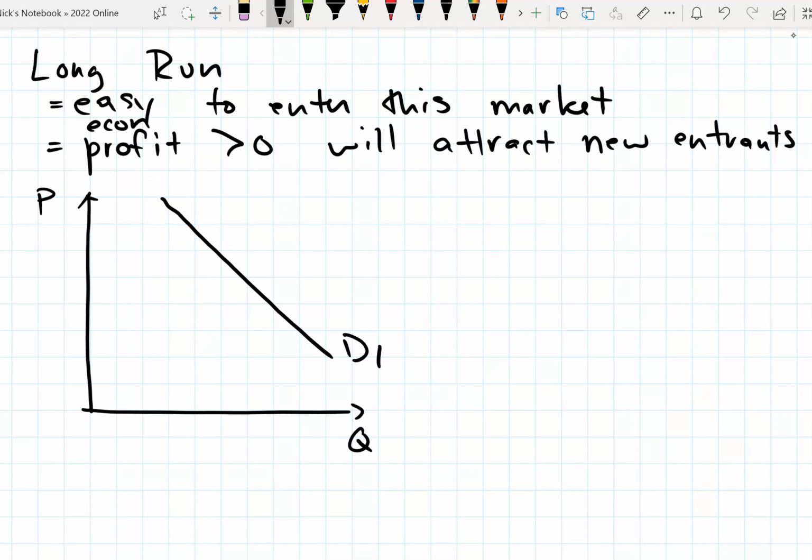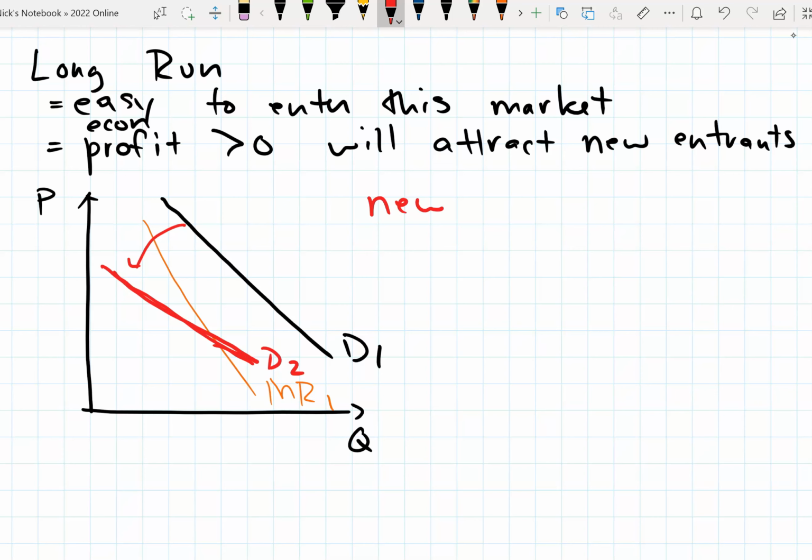So this is the demand curve number one and the marginal revenue curve that goes along with it. I may have drawn it a little off. And so what's going to tend to happen is that they're going to shift, okay? And it's going to tend to do two things at the same time. So we get this new entry, right?